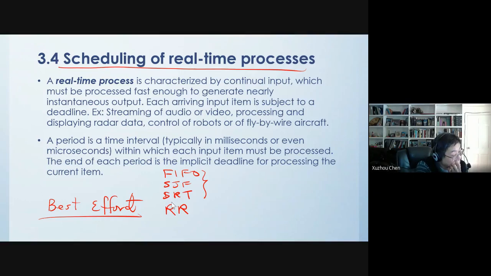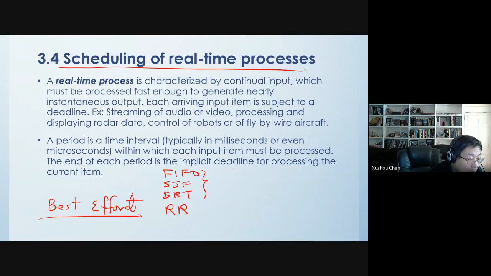Also, you should be able to calculate the CPU time for each of the processes.